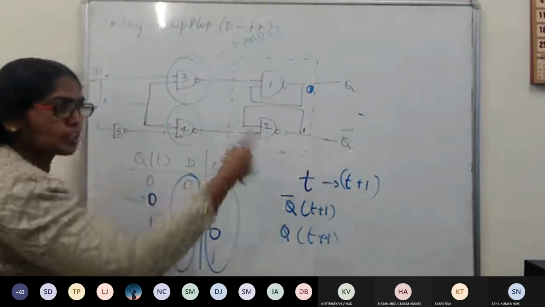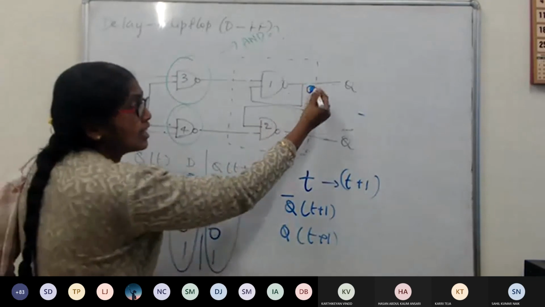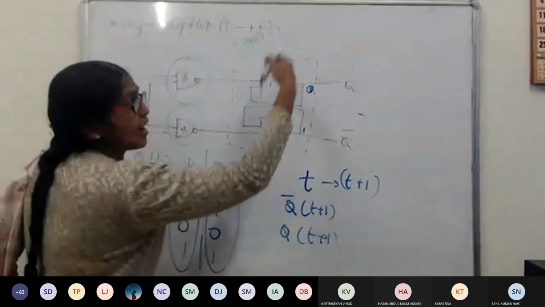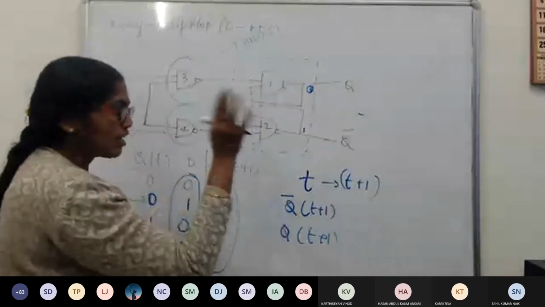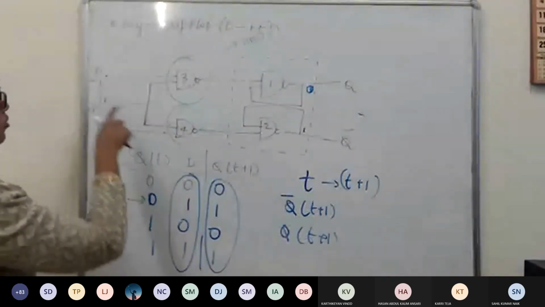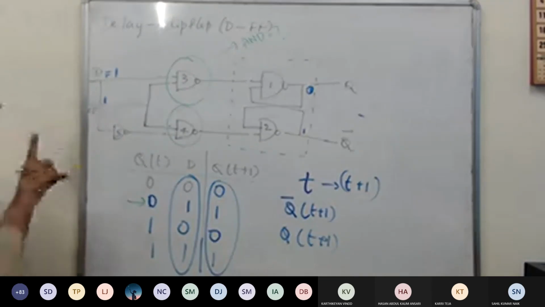You need not show the Q bar because it will be much more confusing. And I am following one thing: there is the task here and the next, and I am writing this side and that side separately. Now you understand, so this is the T situation. At that time D will be equal to 1. D is 1, entering.